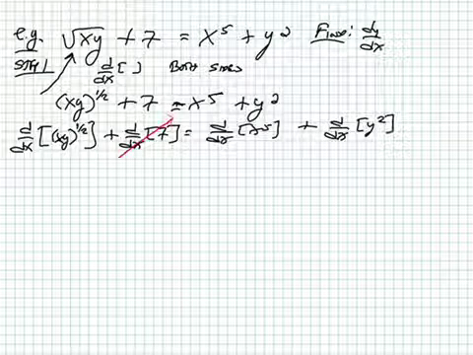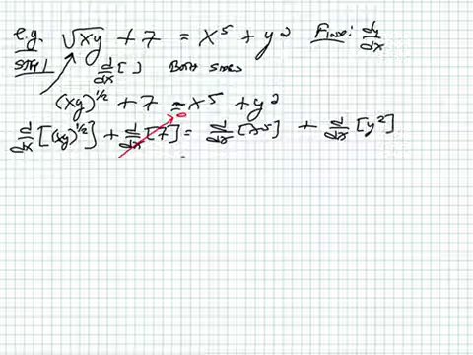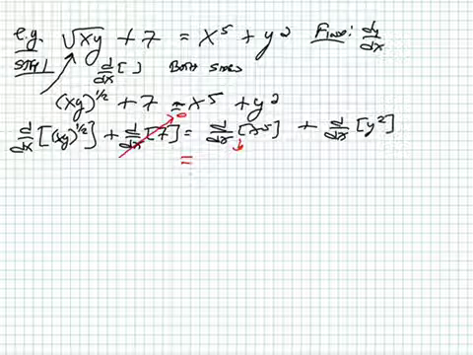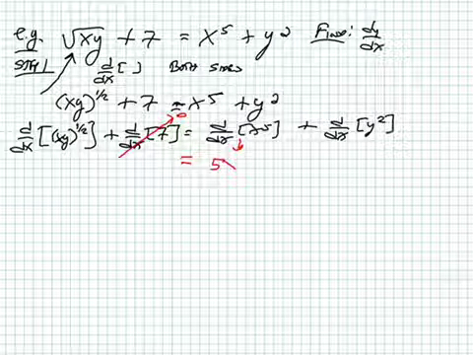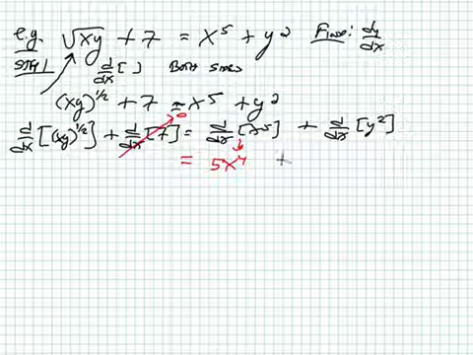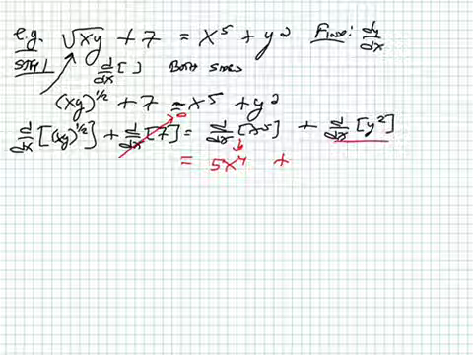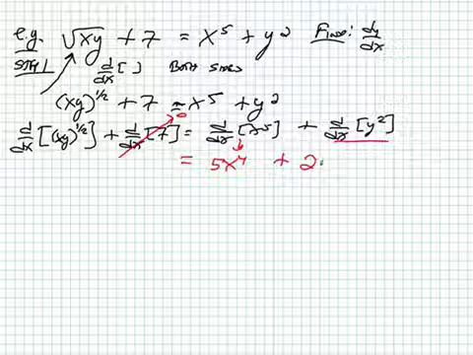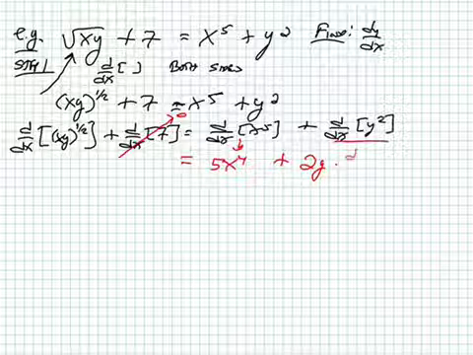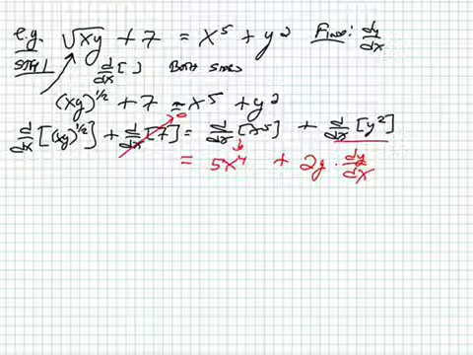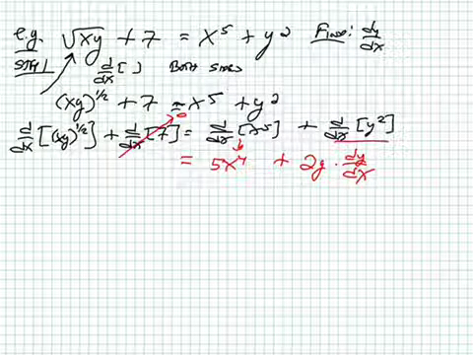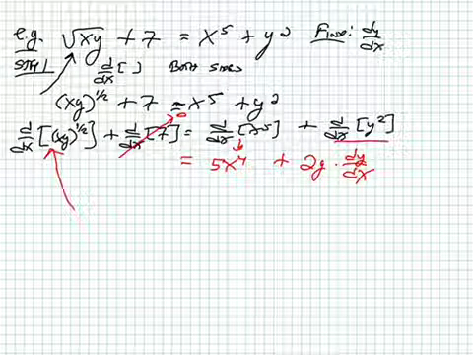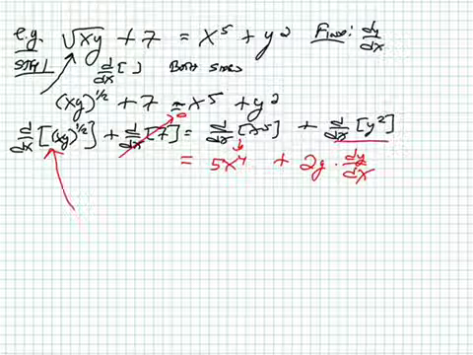Here the derivative of 7 is 0. The derivative of x to the 5th is just 5x to the 4th. And the derivative of y squared with respect to x is going to be 2y times the chain, which is dy dx.